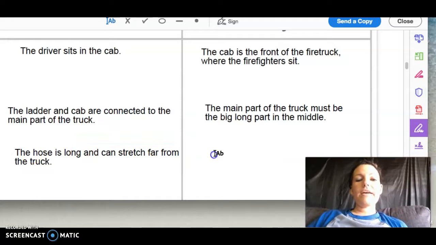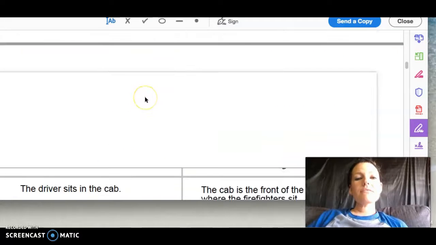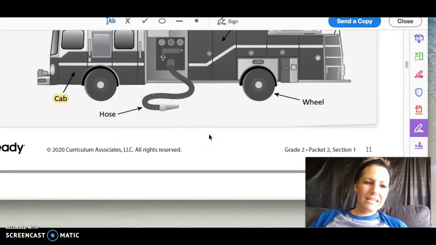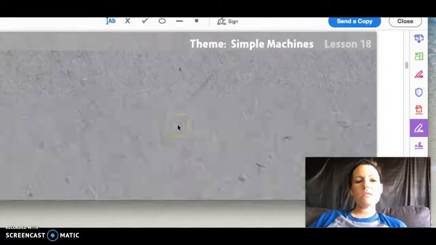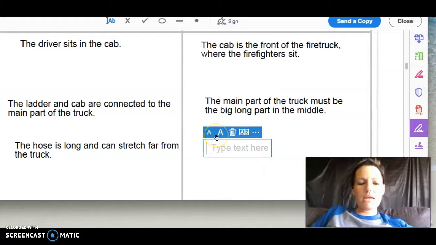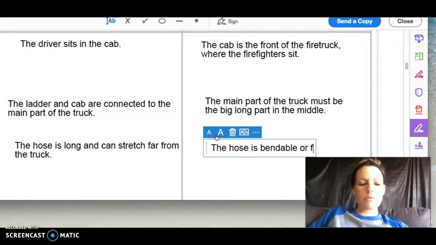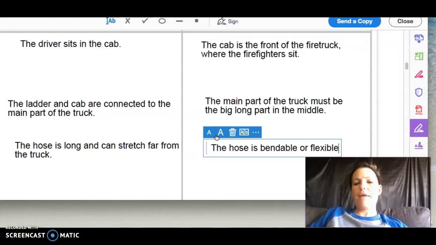What does the diagram show us? Well, it shows us that the hose looks like it can be stretched pretty easily. It also looks like it's not stiff. It's very loose so that it can wiggle around things. So I'm going to say the diagram shows us that the hose is bendable, or flexible is another word that we could use for that. Great.